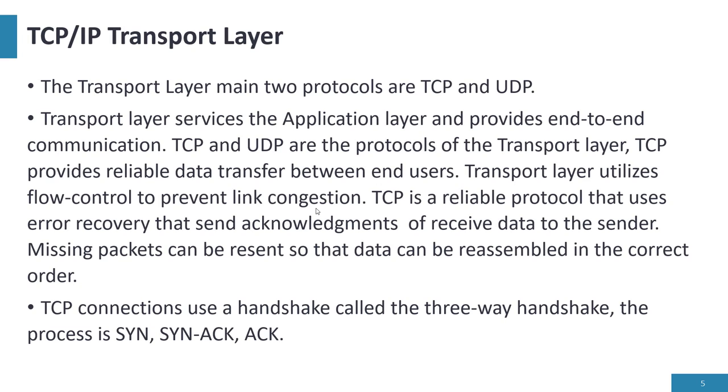Transport layer utilizes flow control to prevent link congestion. So if a server is communicating with your computer and is sending the information too fast for your computer to process, the transport layer will let the server know so it can slow down the sending of the traffic. TCP is a reliable protocol that uses error recovery that sends acknowledgments of receiving data to the sending device.